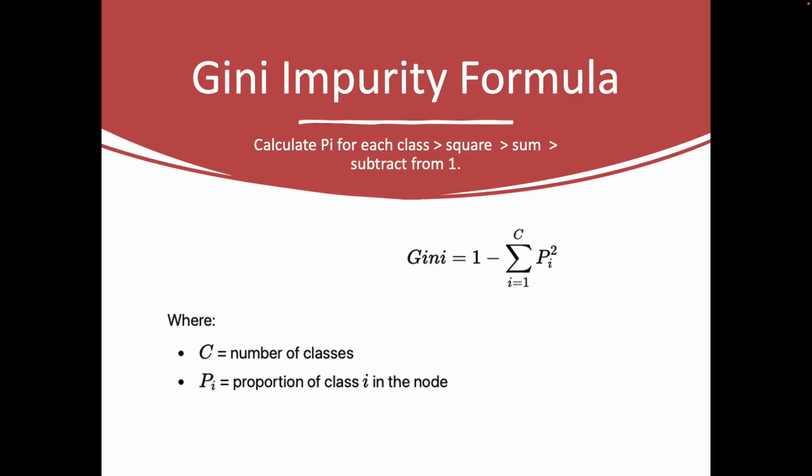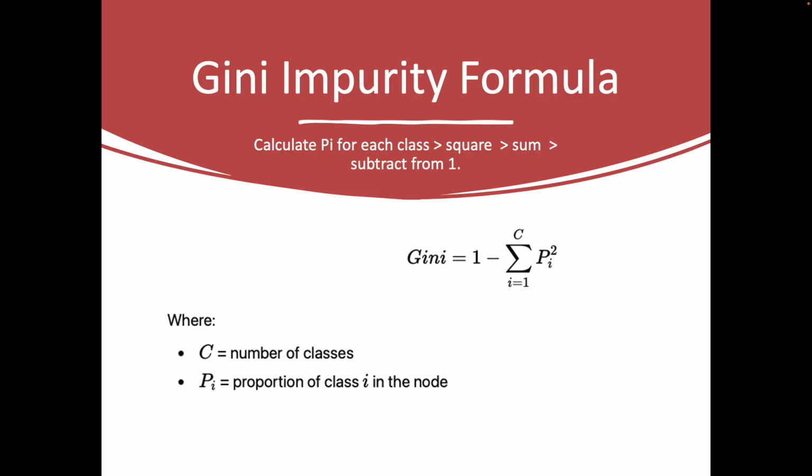So if there are only 2 classes, what are the classes? Raining or not. How many classes are there? 2 classes, right? What are the metrics that say it's going to rain? What are the metrics that say it's not going to rain? This is a root calculation.